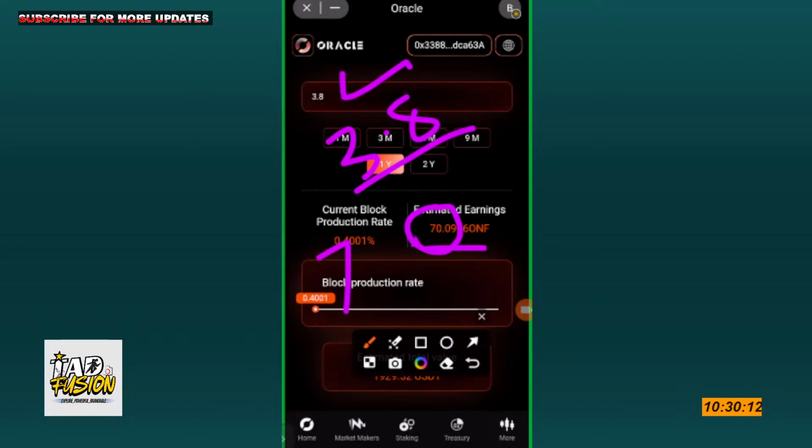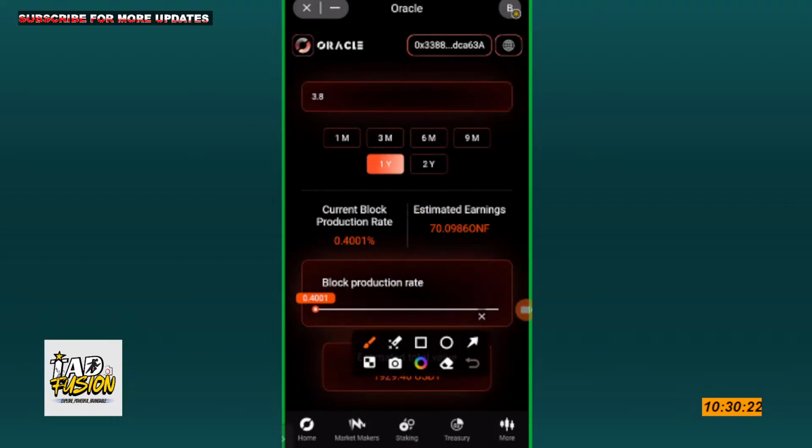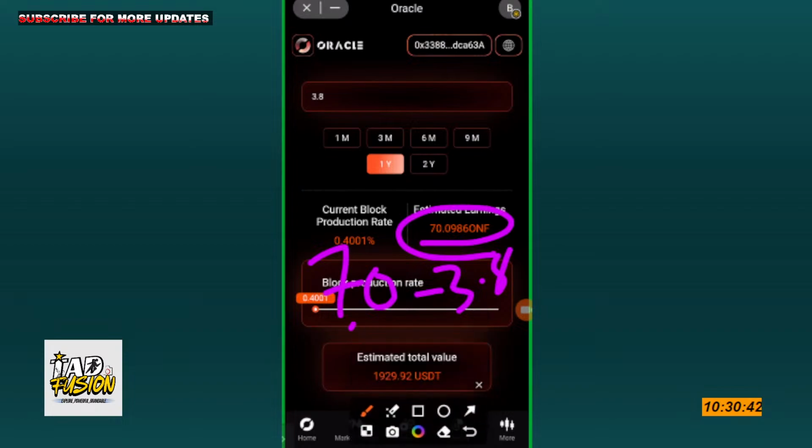Now, get 70, which coins are going to be accumulated in 1 year, minus the 3.8 tokens that I started with. So I will remain with 66.2 tokens as my profit after 1 year.